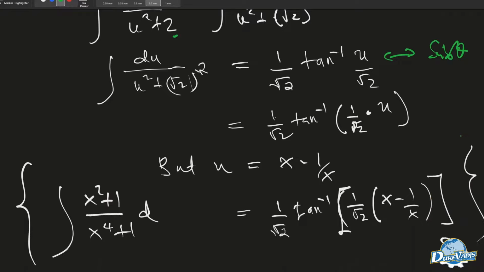So du over u squared plus square root of 2 squared gives us 1 over root 2 tan inverse of u over root 2. Then I expanded this and I had that. But we know u is equal to x minus 1 over x. So this one becomes 1 over root 2 tan inverse, all out 1 over root 2 into bracket x minus 1 over x, is the final answer.